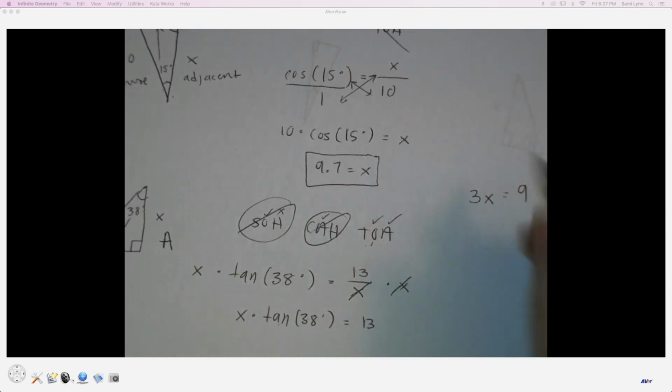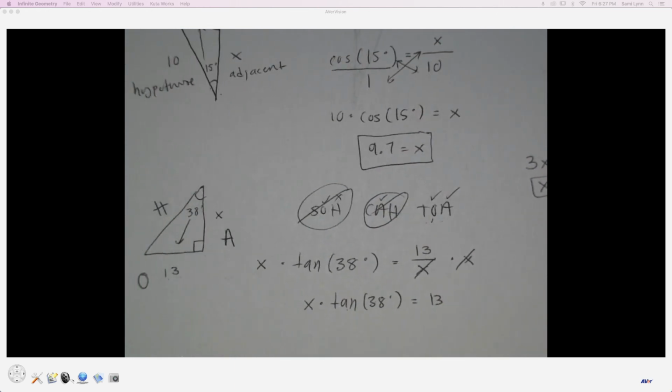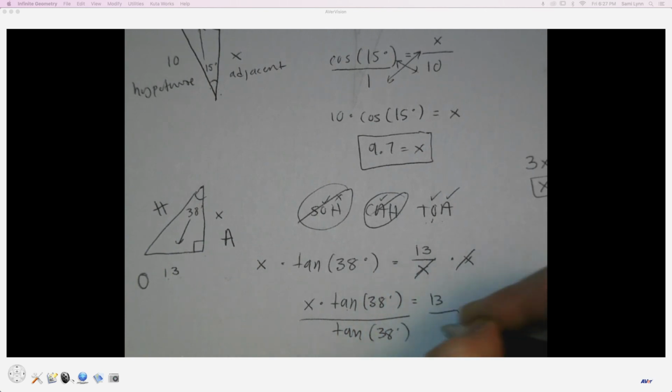Well, I'm just going to divide by 3. So 9 divided by 3 is 3, so I get x equals 3. So can't I do a similar thing here if I have x times tangent, which I know is just a number? It's a value. So I'm going to divide both sides by my tangent there.